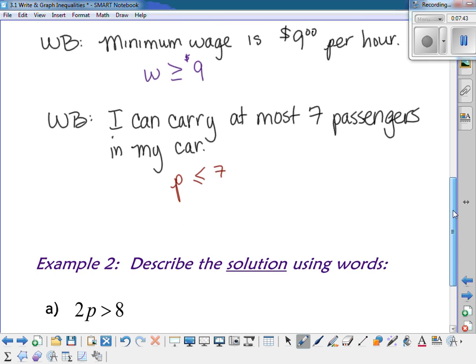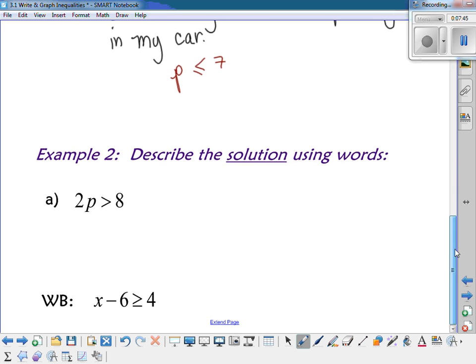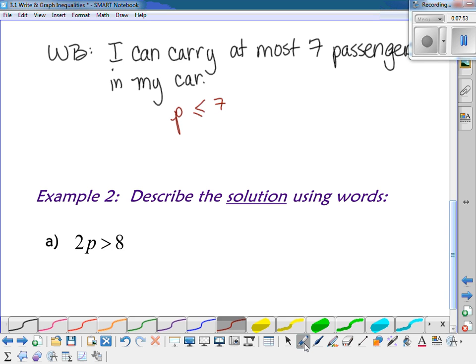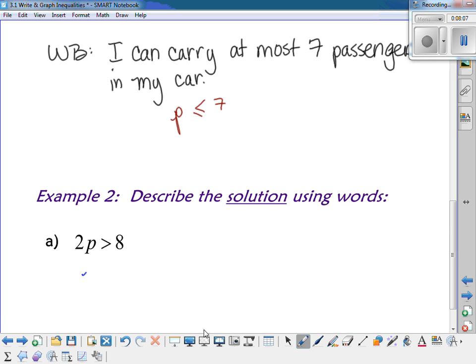All right, so sometimes you may have to describe a solution using words. If we look at example A, 2P is greater than 8. It's not quite solved because we still have something in front of the P. 2 times P is greater than 8, so since we are multiplying by 2, we're going to divide by 2 to undo that. So if you divide by 2, we get P is greater than 4.